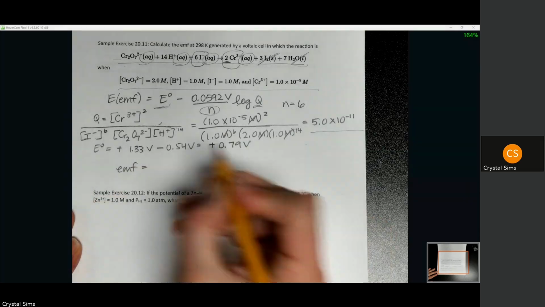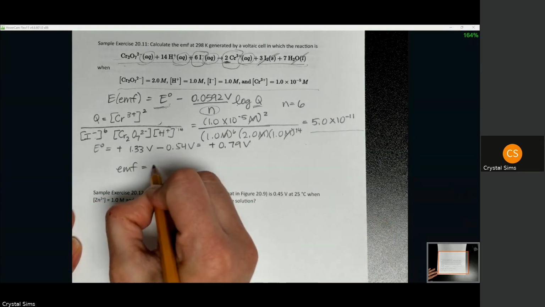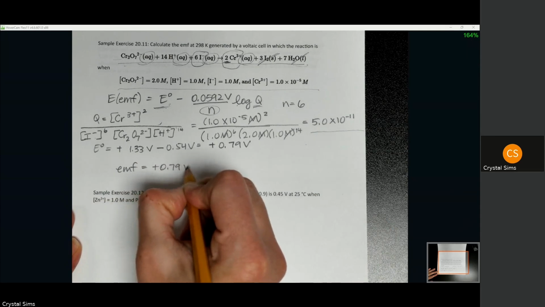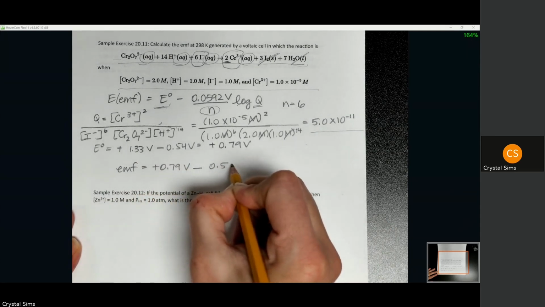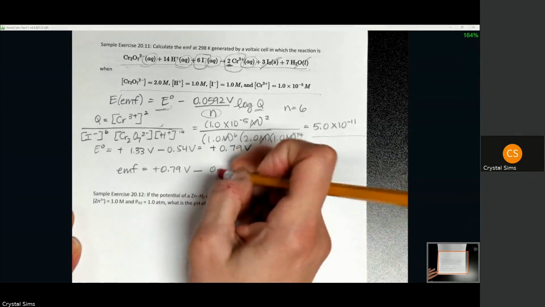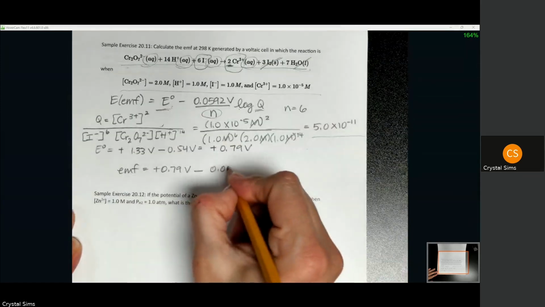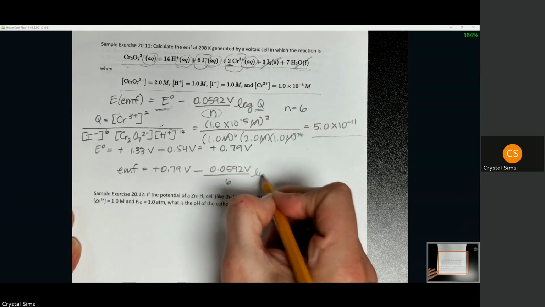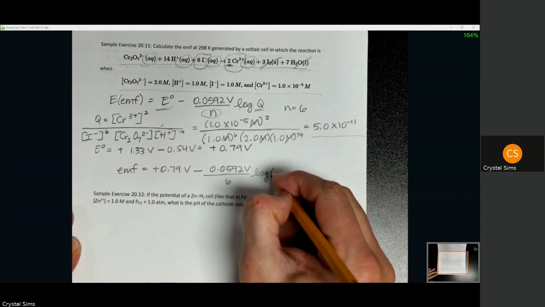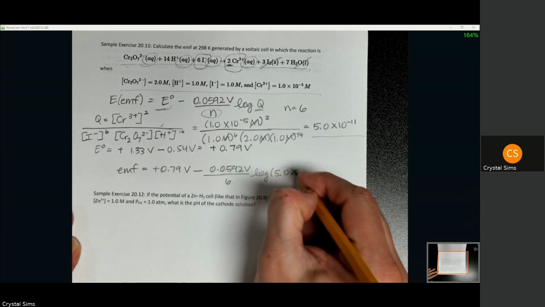So EMF is equal to positive 0.79 volts minus 0.0592 volts divided by 6 log of Q, which is 5.0 times 10 to the negative 11.